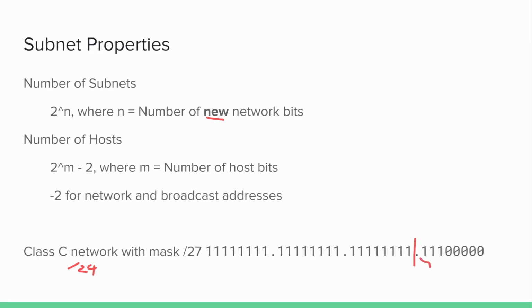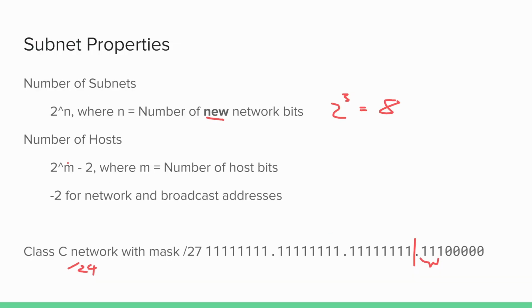These new bits are going to be the new network bits, right? Because they weren't part of the original network. So that's what I mean by new network bits. So here we can see there's the number of new network bits. So our equation here is just going to be 2^3, and that's going to be 8 total subnets. So if we have a class C network and we divide it into subnets with mask /27, we're going to have 8 total subnets.